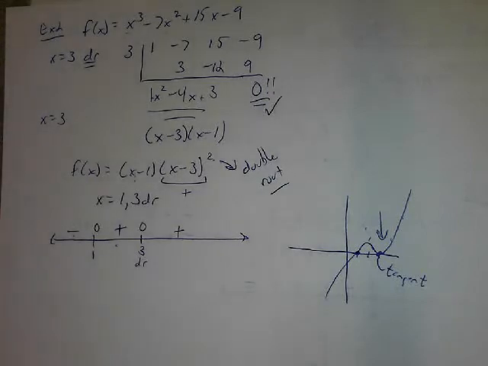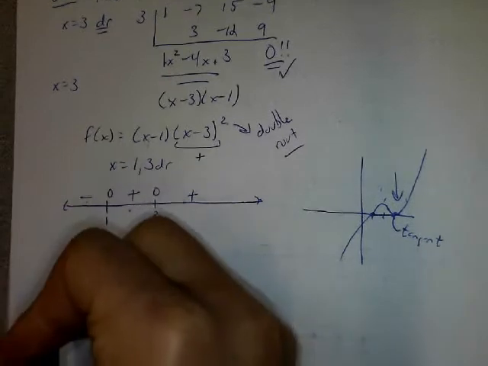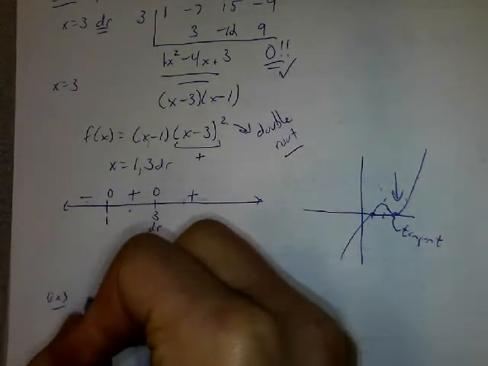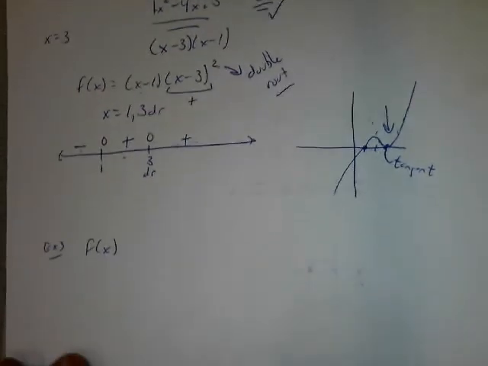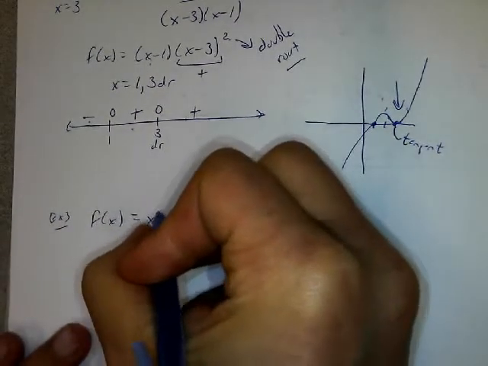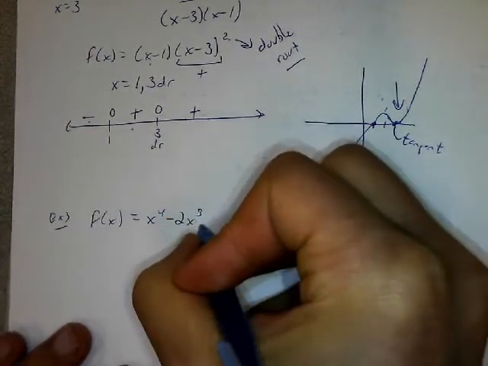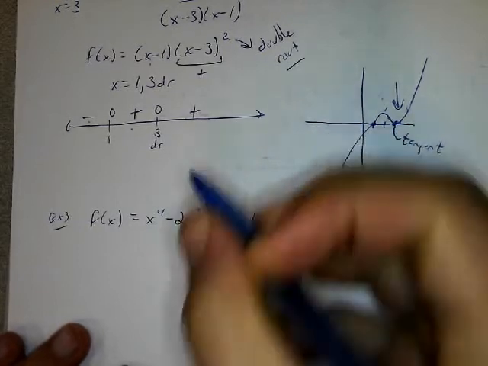The last example I would like to do is f of x equal to x to the fourth minus 2x cubed plus 2x minus 1.